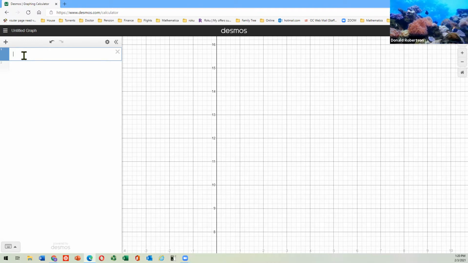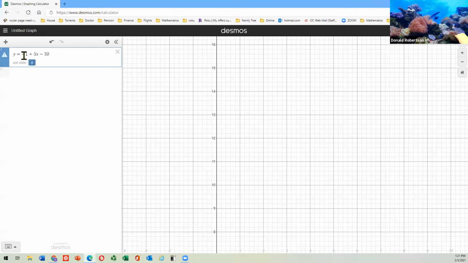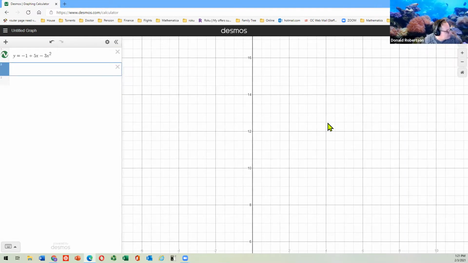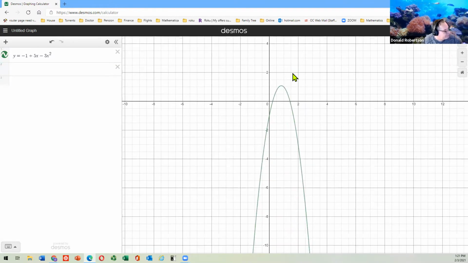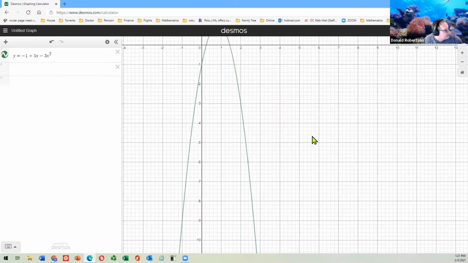So I'm going to type in the quadratic guy, which is y equals -1 plus 5x, take away 3x squared. Whoops, I just put in b after saying I don't want it. So if I hit enter, there's a little darling. I'll zoom in a little bit.